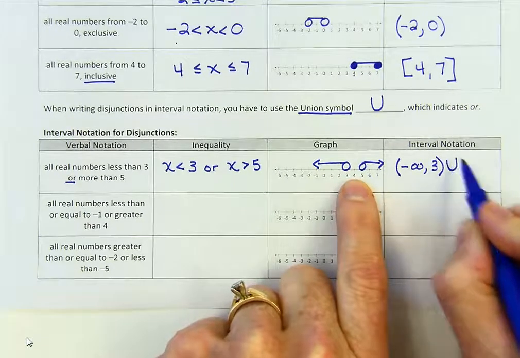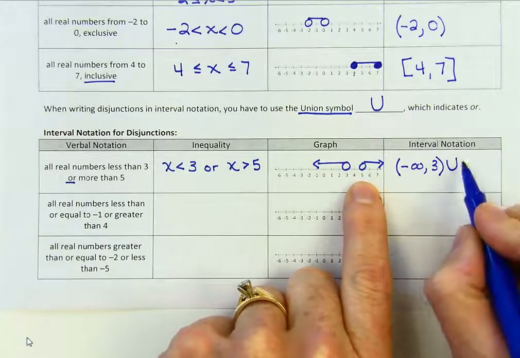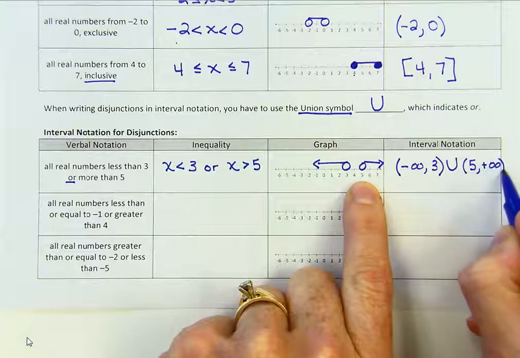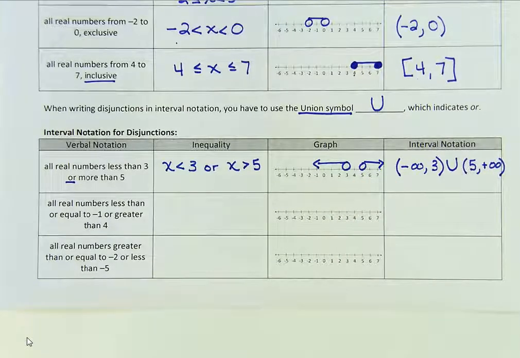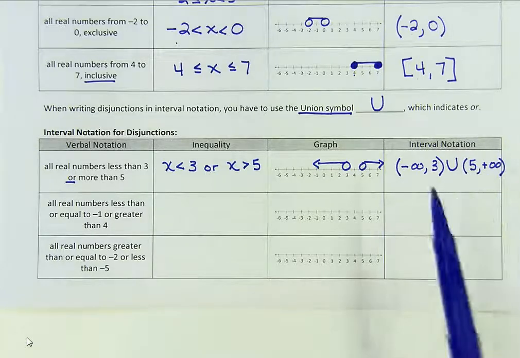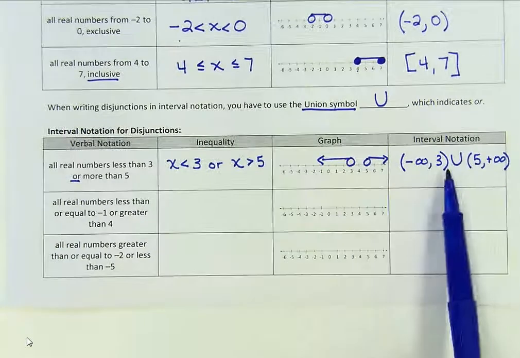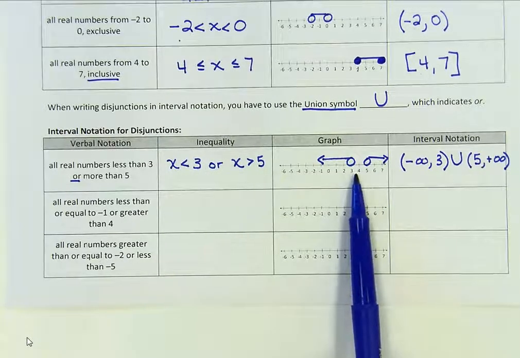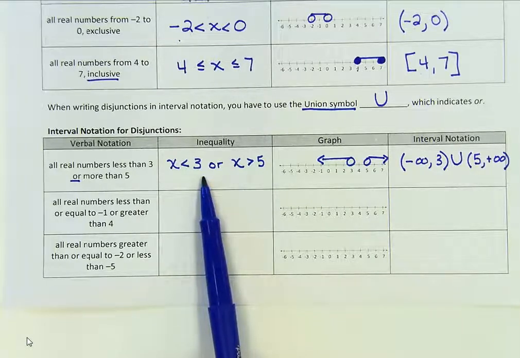Then we use the union symbol. We go from 5, which is open, to positive infinity. Now you can see a disjunction looks a little bit more complicated, but all this is indicating is this is negative infinity to 3 or 5 to infinity, and it's describing that graph and that inequality.